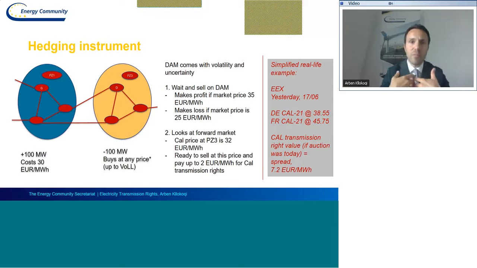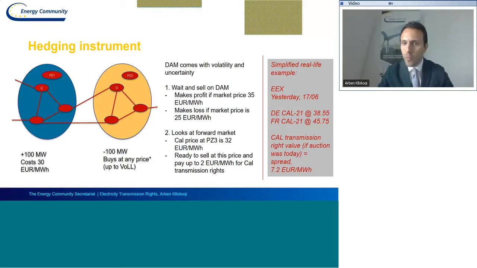As a market participant, you know that you have generation and loads. You know that the day-ahead market prices will come with volatility, and there is a lot of uncertainty about what these prices will be. So you want to make sure that you hedge this transaction.